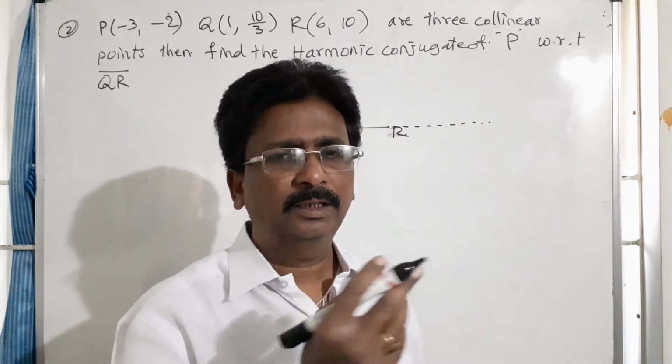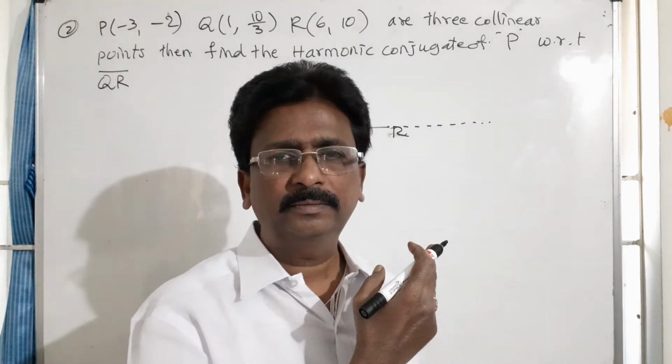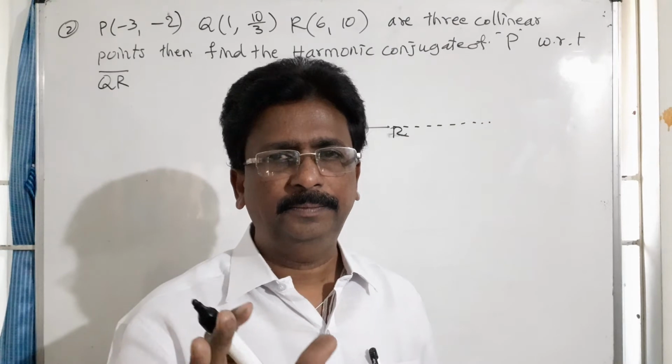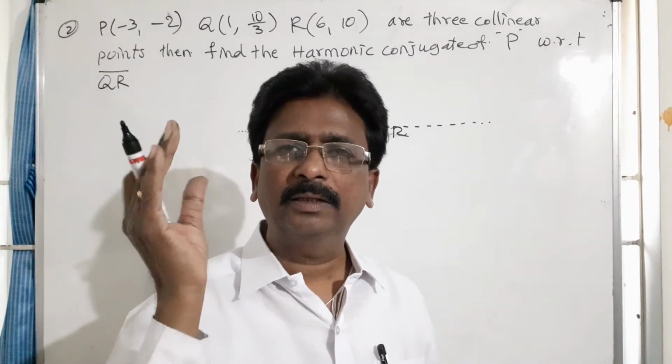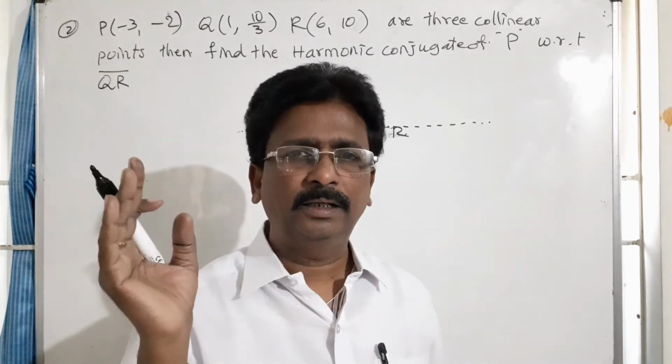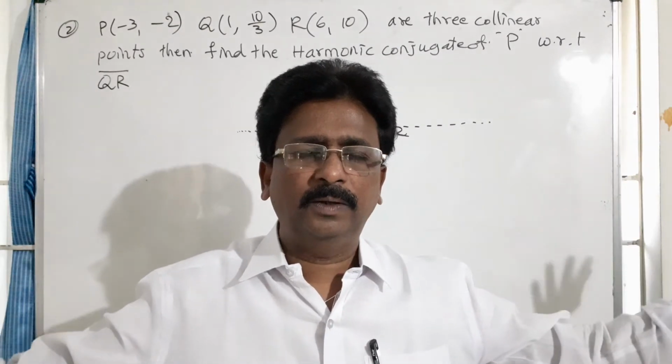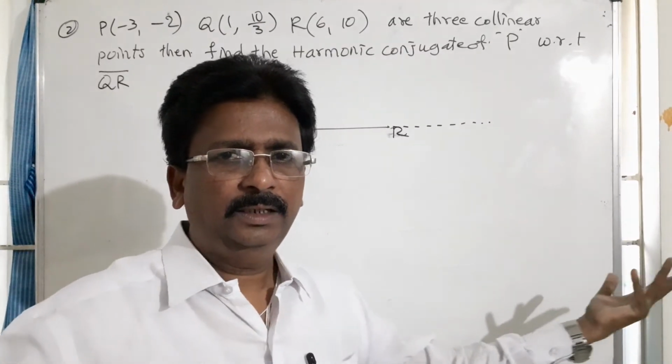There are 2 points, joining them QR is a line segment. Another point P, if it lies on the same line, either in between QR or outside of QR.